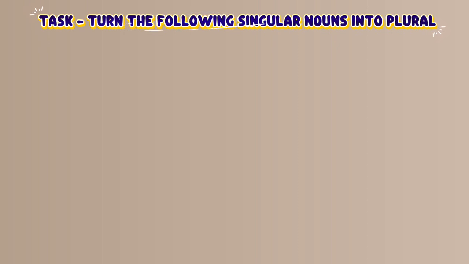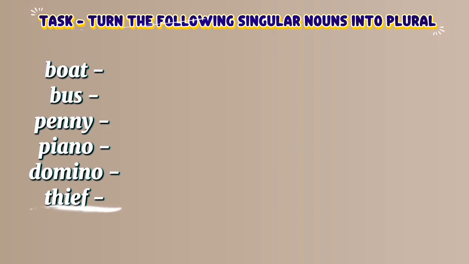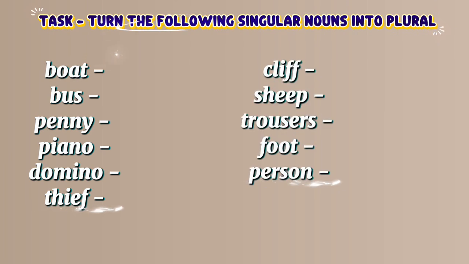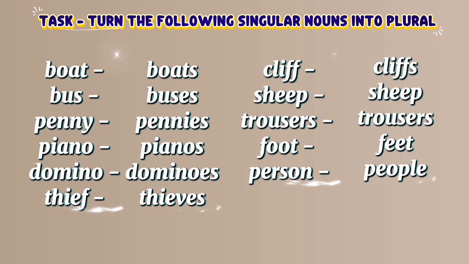Here are the words: boat, bus, penny, piano, domino, thief, cliff, sheep, trousers, foot, person. After you finish doing the task, you can have the answer. Do reflect on your learning, whether you need support, whether you've become a pro, or you still need some time.